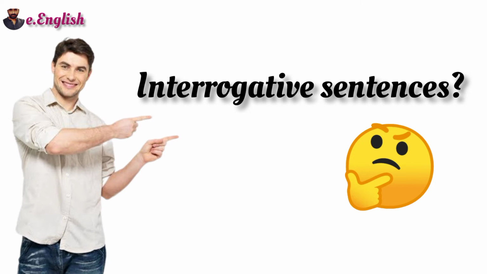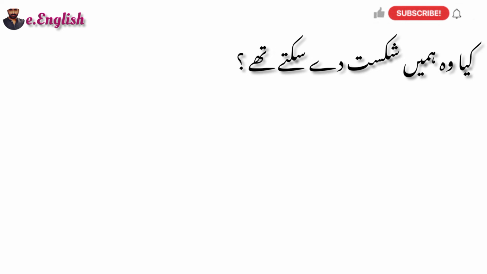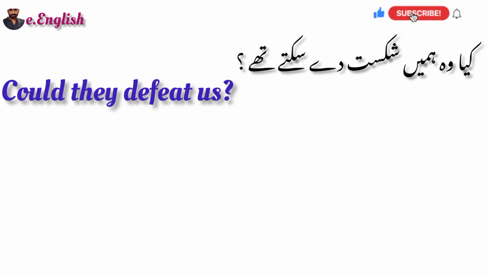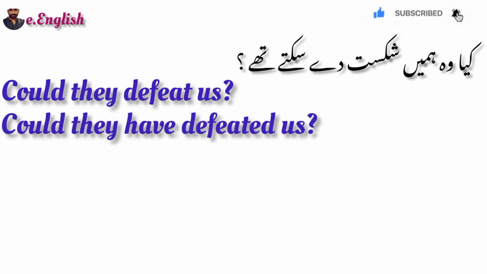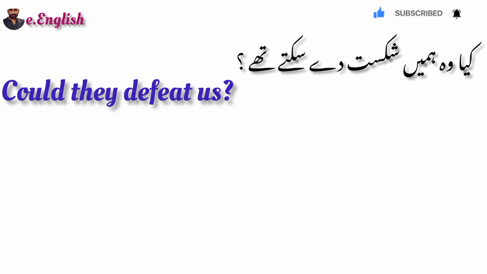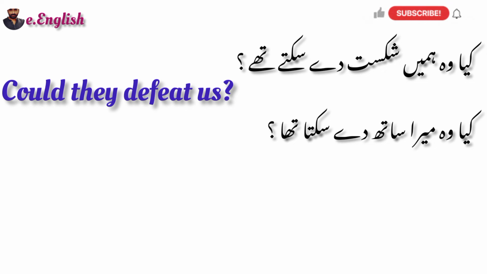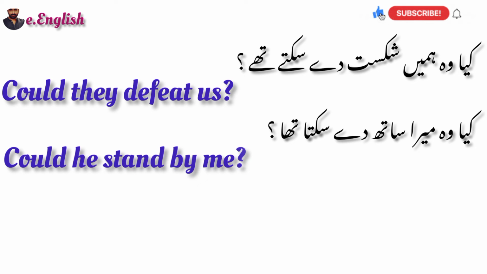The sentence is क्या वो हमें शिकस्त दे सकते थे? Could they defeat us? And the second way is could they have defeated us? क्या वो मेरा साथ दे सकता था? Could he stand by me?